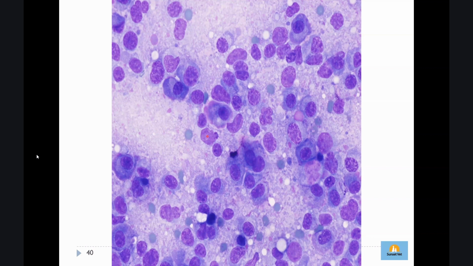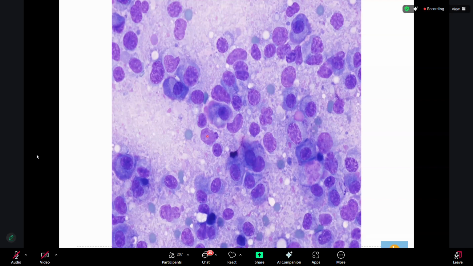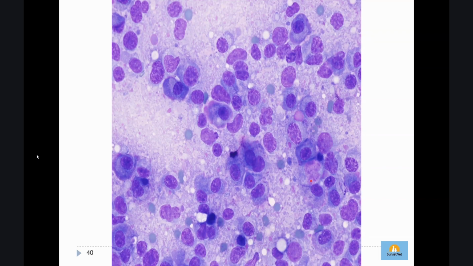Is it like inflammation or cancer? More like cancer. Okay, cancer. Good. And then for the cancer, is it from epithelial or mesenchymal? Epithelial. Is there any other answer?